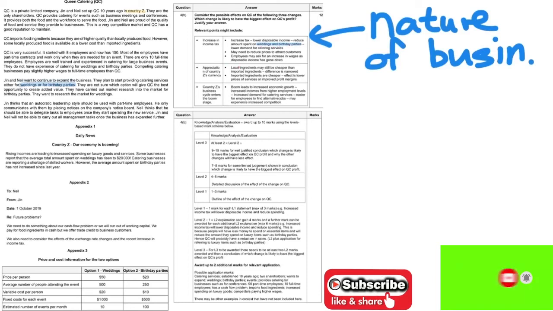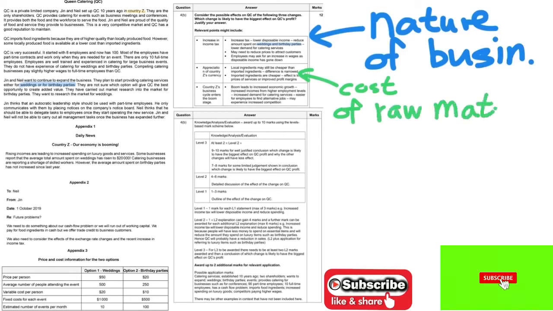So next, look for the appreciation of the currency. Right now you have to focus on the cost of the raw materials. So then you have to refer back to the case.